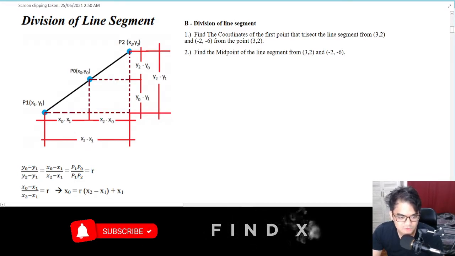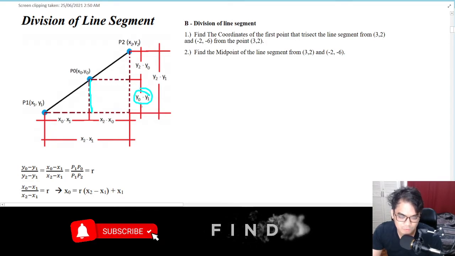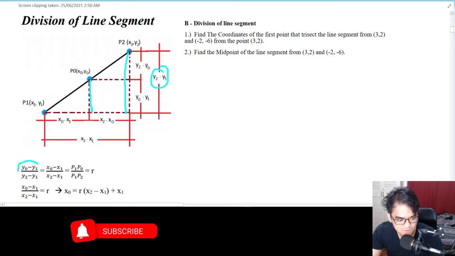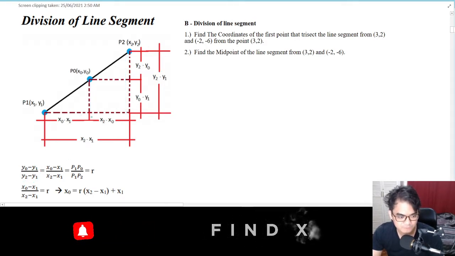So how did we arrive at this one? The height of this one is y0 minus y1, right? And then the height of the bigger triangle is y2 minus y1. So y0 minus y1 all over y2 minus y1. That will be the same with the x.